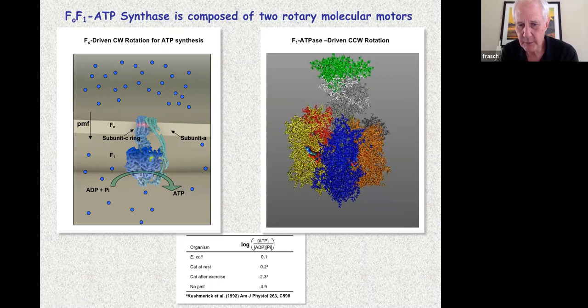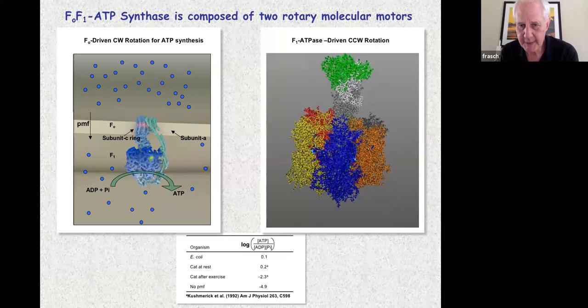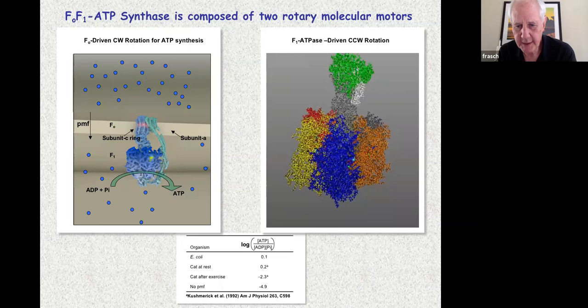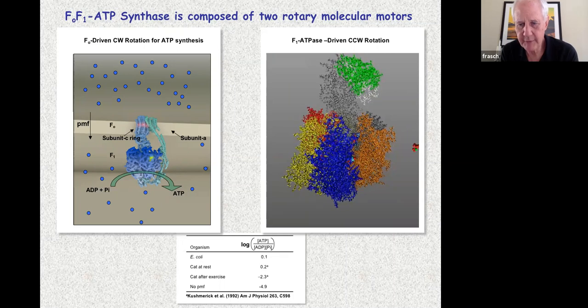So an ATP will come into one of the 3 catalytic sites in the ring that drives rotation by 120 degrees, and product, ADP and phosphate, will come off from a different site. Here comes the second ATP onto that empty site, and then it drives a second 120-degree rotation.